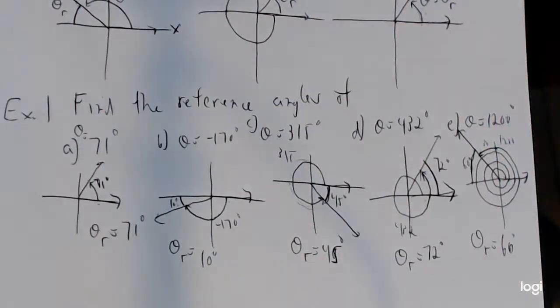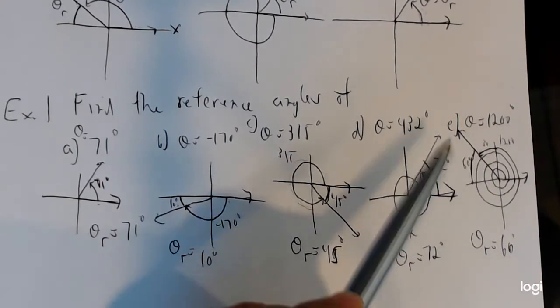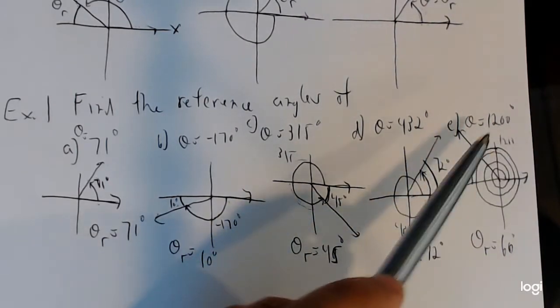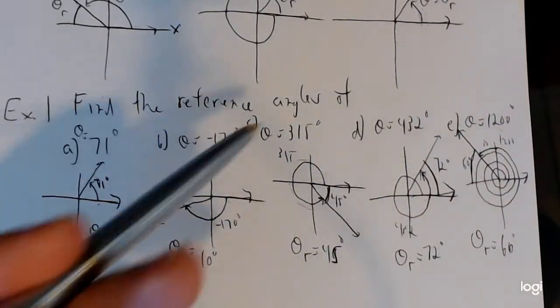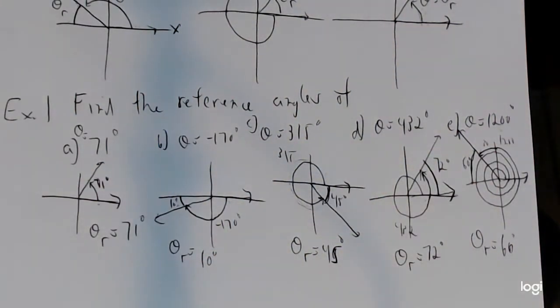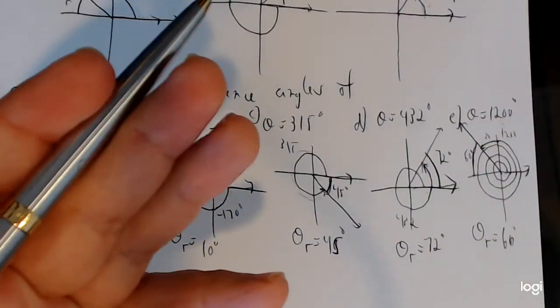Now, one other thing you could have done for the 1200, you could have kept subtracting 360, which would make this angle smaller. Once it became between 0 and 360, that would have also gotten the job done. Anytime we subtract 360, we end up in the same place, so the reference angle shouldn't change.